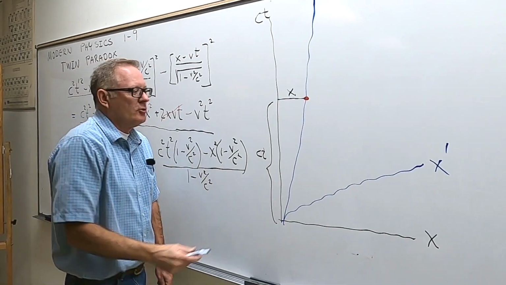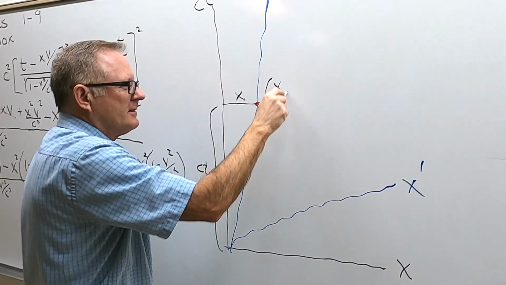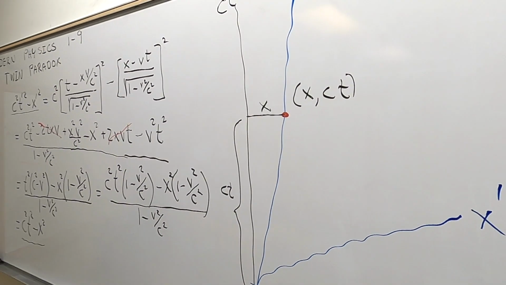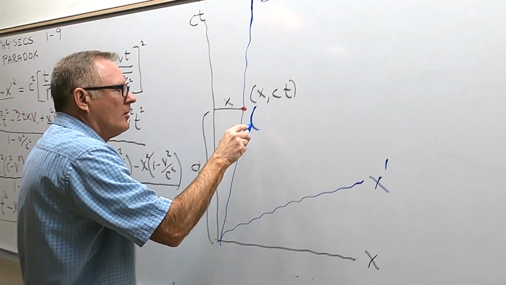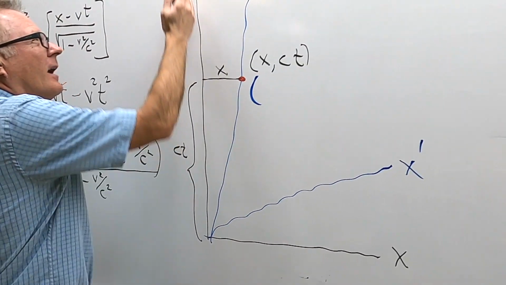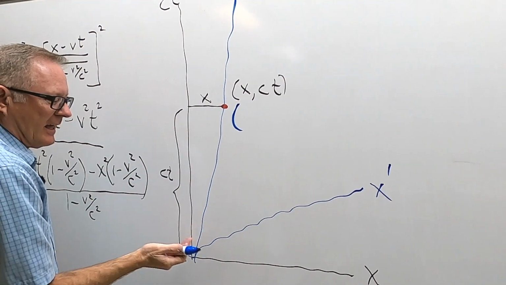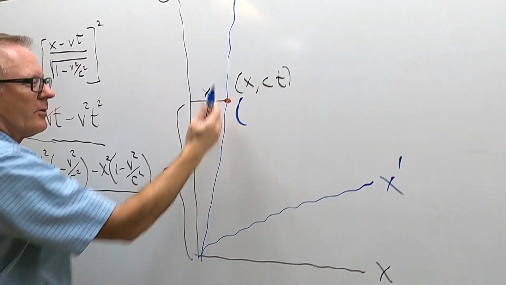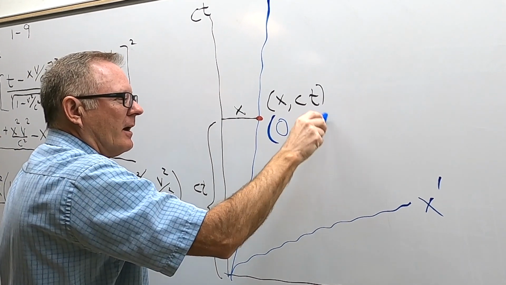Well, suppose we look at the blue coordinate system. This point in Frank's coordinate system is x, ct. What is that point in Mary's, the blue coordinate system? What's x prime here? Notice this is the y-axis, this is x equals 0, so x goes out this way. Likewise, this is x prime equals 0, Mary's origin. So this is 0 for x prime, ct prime.